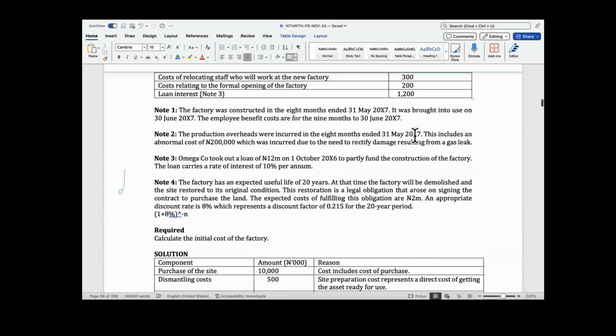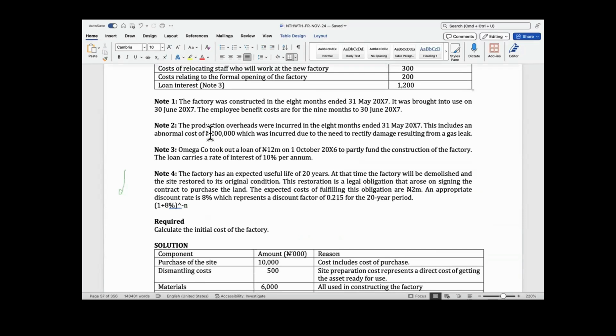Some of them include abnormal costs relating to damage. So any cost relating to either wastage or damage should be expensed, even if it falls during the period of construction. Exactly. Even if it is all done in the period of construction, don't include it.